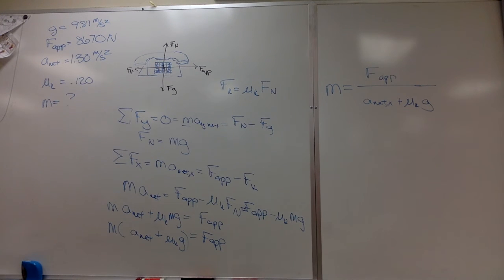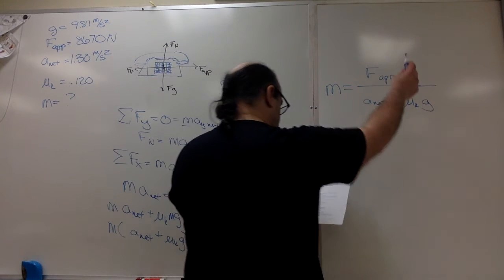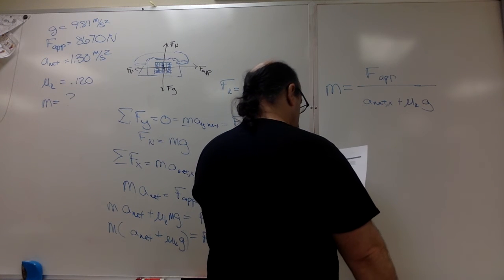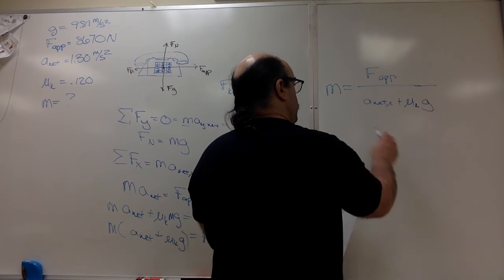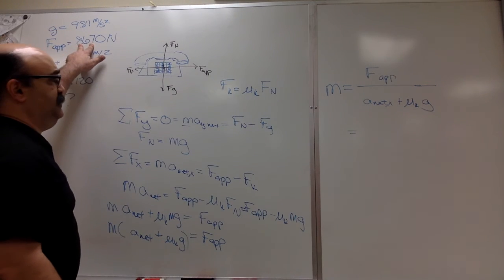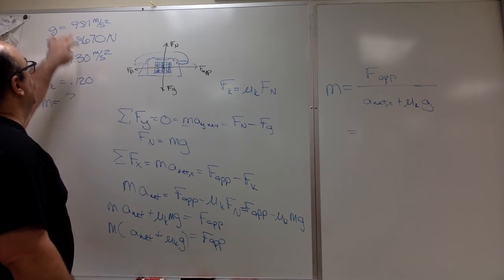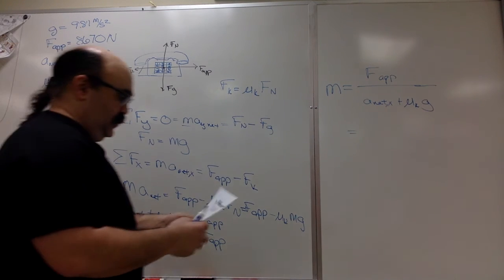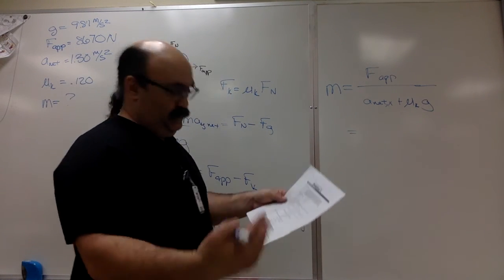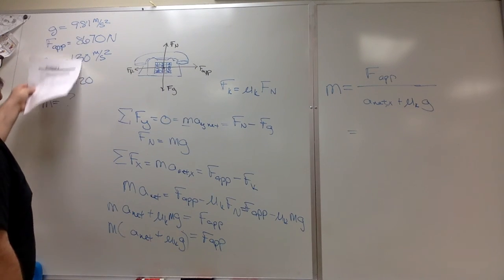At that point, I agree with exactly what's on the page. Then we simply plug in the numbers. You end up solving and getting something to 3 sig figs. This number had 3 sig figs to begin with. My net acceleration plus mu k times g will end up being good to the hundredths place.